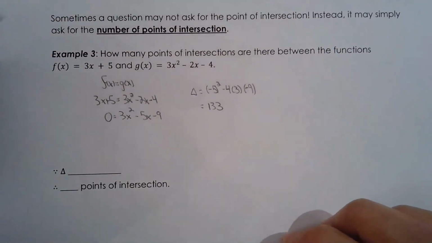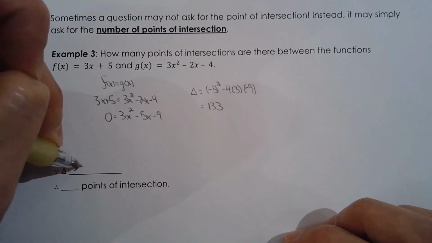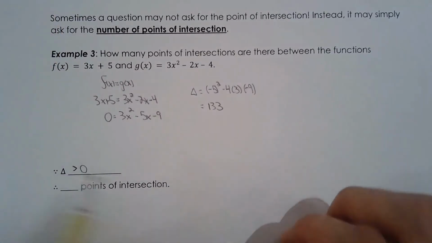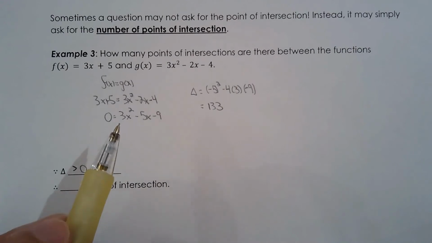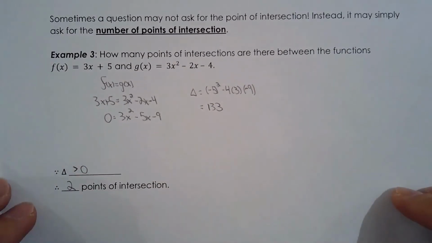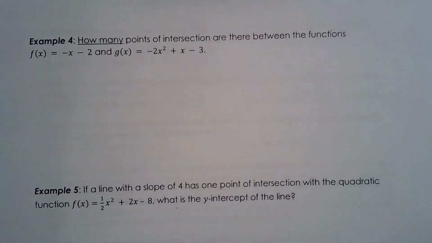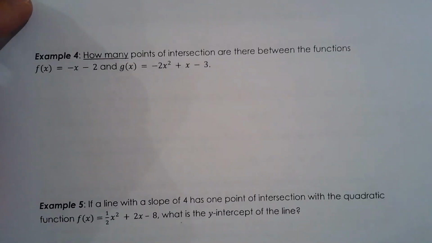So what does that mean? If the discriminant is greater than 0, that means this equation will have two unique real roots, which means there are going to be 2 points of intersection. Okay, the discriminant strikes again. Very useful. All right, so let's do this one.